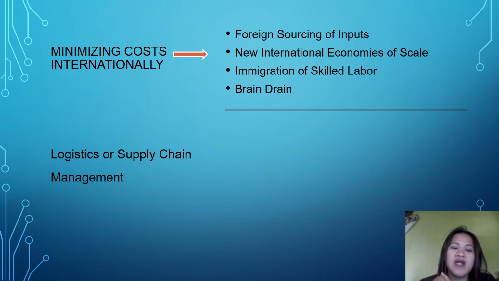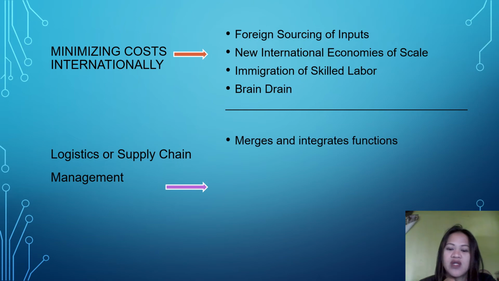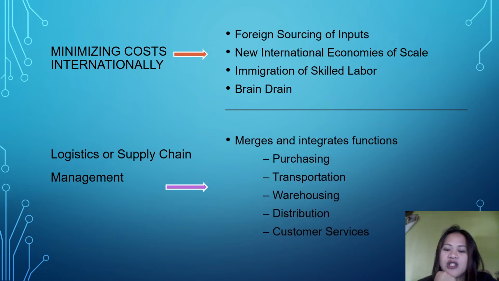Okay, now nevertheless, the best thing is that minimizing cost will actually help us when it comes to supply chain management. Supply chain management in the production process is very important because it merges and integrates functions, which are considered to be purchasing, transportation, warehousing, distribution, and customer services. These are the different logistics, the means to manage your own productions.